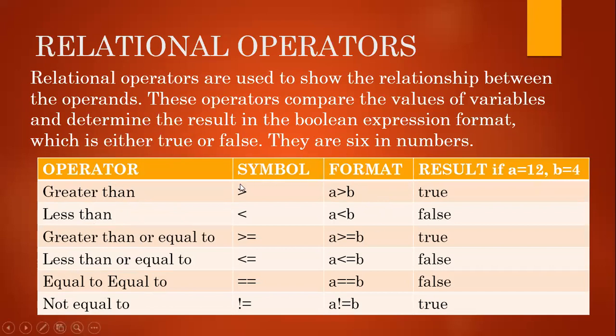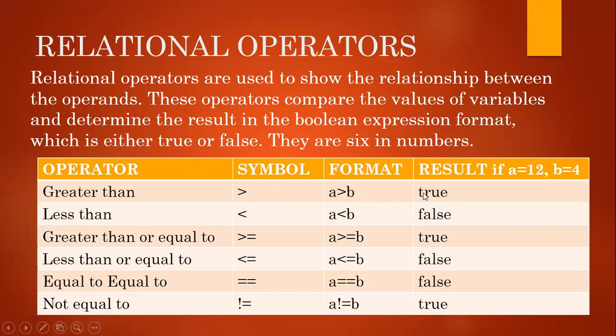And this is the symbol we use for each operator: greater than, less than, greater than or equal to, less than or equal to, exactly equal to, and then not equal to. So these are our 6 relational operators.